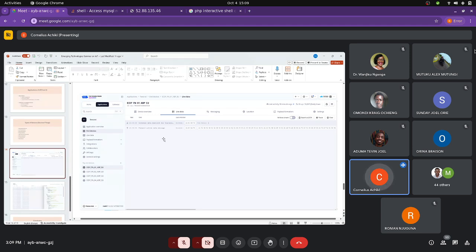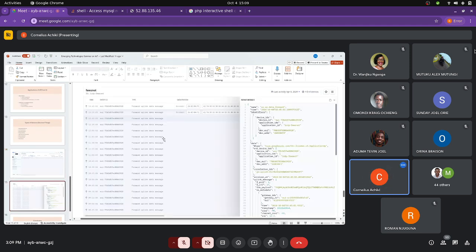So just going into, yeah, this is one of the packets. Now looking at the raw data, the packets that are being sent from the device, there's something called a device ID.